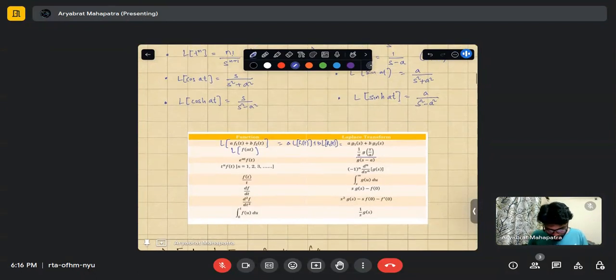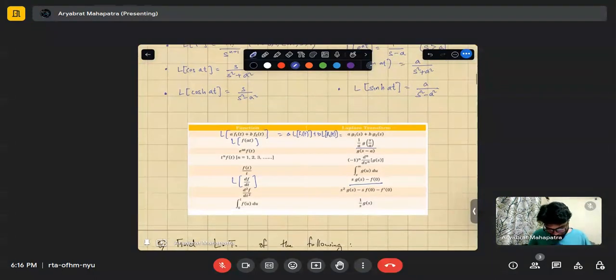Then, moving on, here you also have the Laplace transform of the derivative of a function, and its result will look something like this, and similarly for the double derivative and integral, and so on.